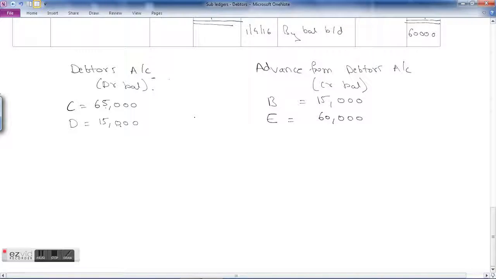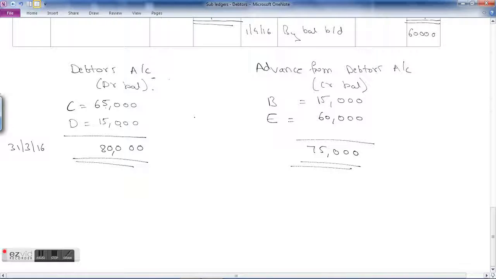So the total of the balances will be, as on 31st March 2016 or 1/4/2016, 80,000 in debtors account and 75,000 in advance from debtors account.